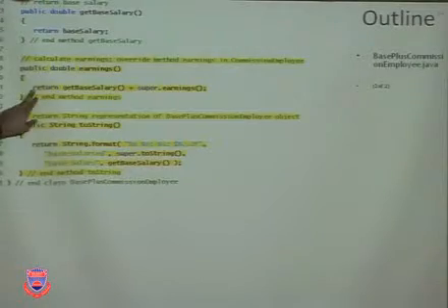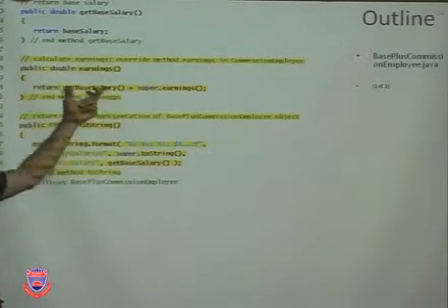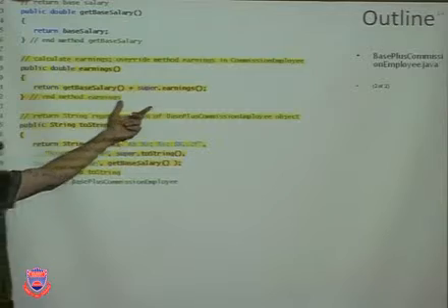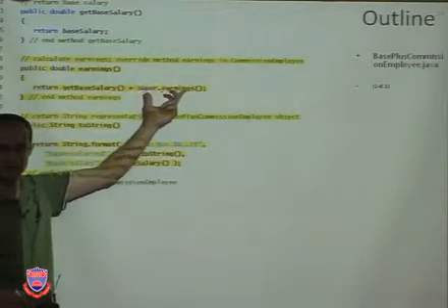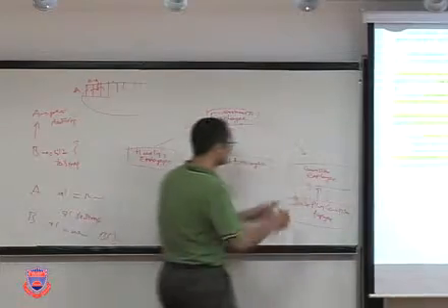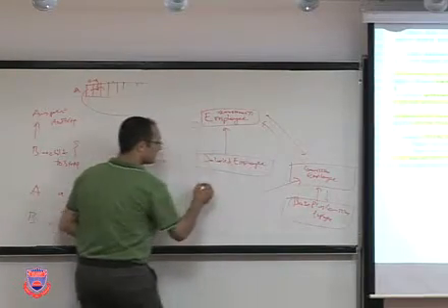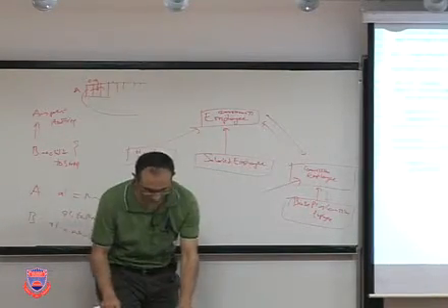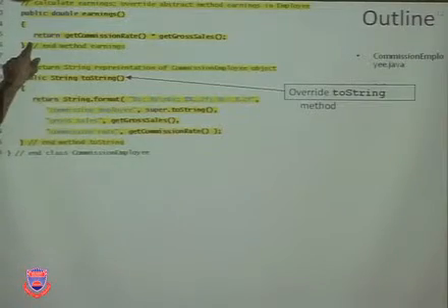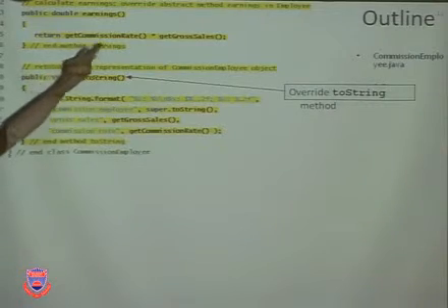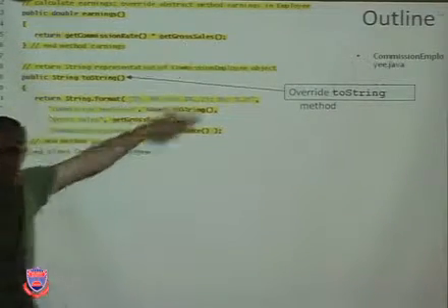And if you look into here, return get base salary, so you get the base salary plus whatever is calculated by super.earnings. Since super.earnings already calculates, if you go back to the super.earnings, this is where earnings is calculated in the commission rate times gross sales.